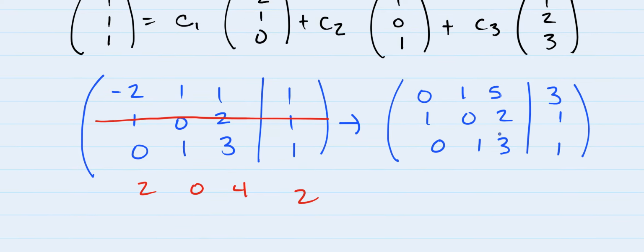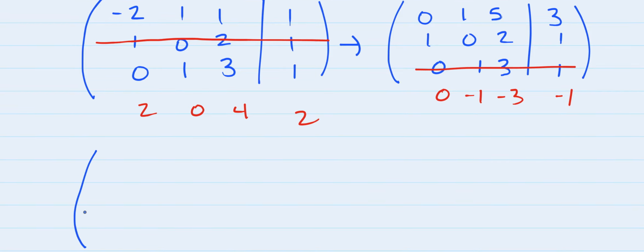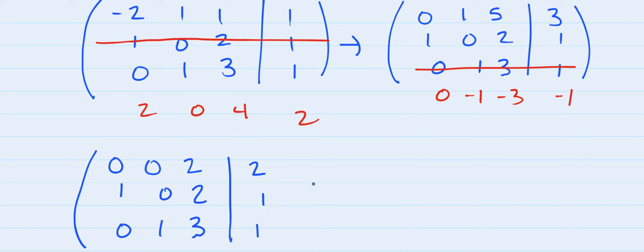Then I'm going to subtract this row from this one. So I'm going to cross this out and make 0, -1, -3, -1 to get rid of this 1 here. So that becomes 0, 0, 2, 2, 1, 0, 2, 1, 0, 1, 3, 1.